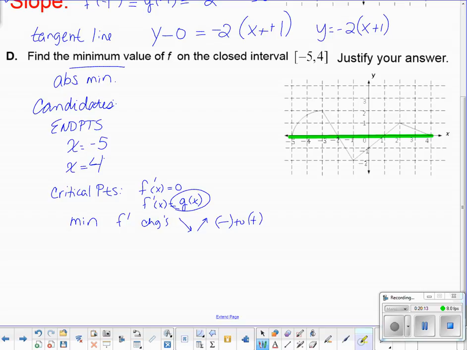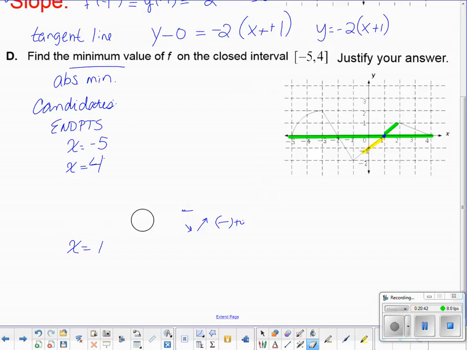And the place that I see that happening, here it is negative g, and then it switches to a positive g right there. So we indeed end up with a point right here at 1 that could be our critical point. So x equals 1 is another one that we want to consider because we know the derivative changes from negative to positive, and that's good.